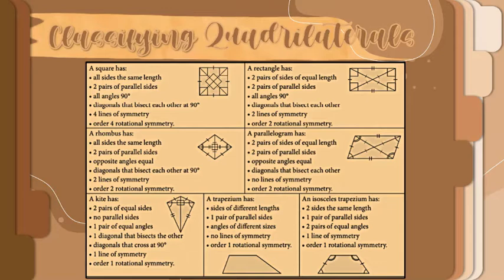A trapezium has sides of different lengths, 1 pair of parallel lines, angles of different sizes, no lines of symmetry, order 1 rotational symmetry. Lastly, an isosceles trapezium has 2 sides of the same length, 1 pair of parallel lines, 2 pairs of equal angles, 1 line of symmetry, and order 1 rotational symmetry. On to the next one.